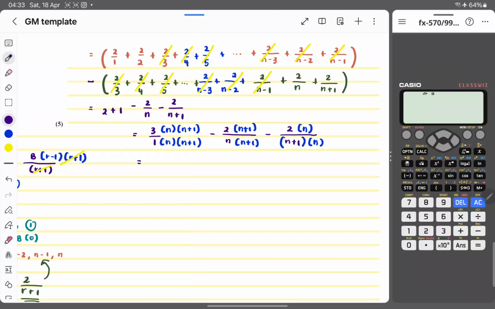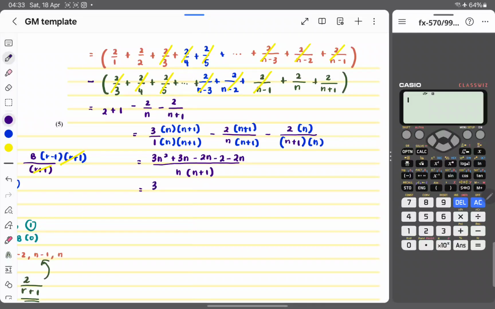We will have 3n squared plus 3n minus 2n minus 2 minus 2n over n plus 1.